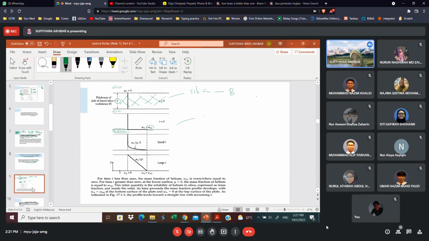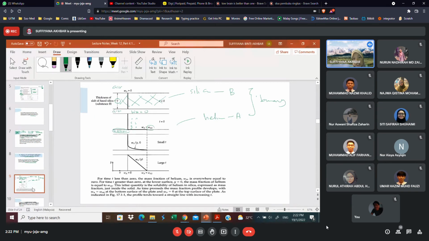So A is the helium, and our system is a binary system. At the upper side, the mass concentration of helium is 0. Because of the difference in concentration, the helium will diffuse upward.